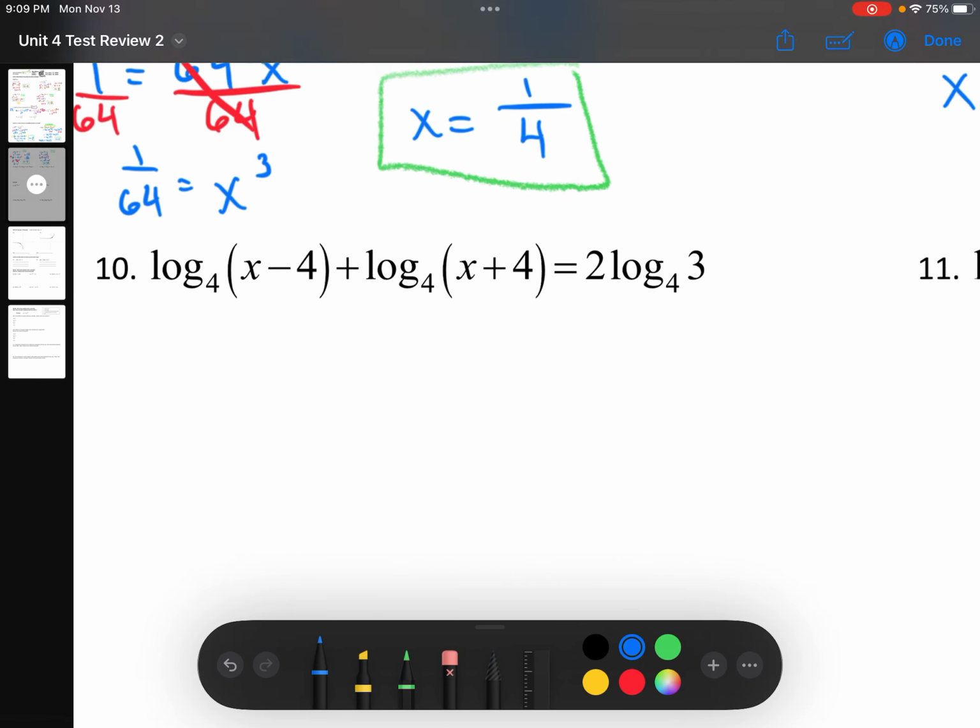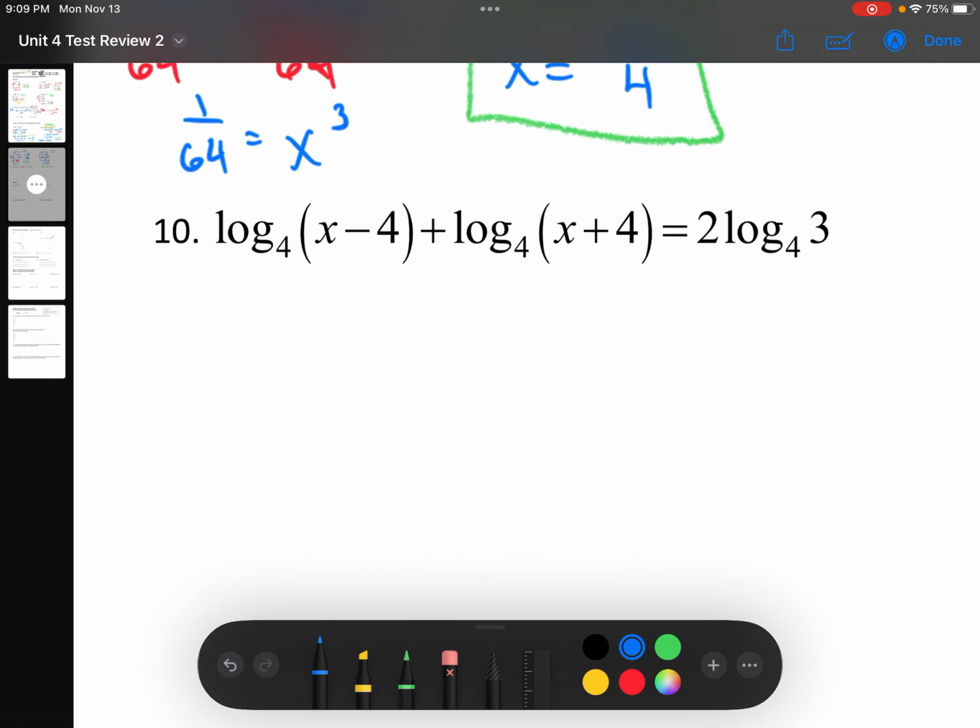Let's go to 10. Looks like a lot. It's going to be just fine, I promise. On the right-hand side, take this 2, make it a power. And on this left side, condense this into a single log.